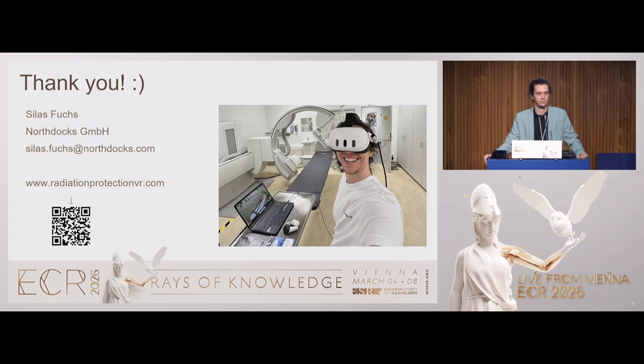Are there other questions? So if someone wants to use this, how can they do that? You can either go to the website, or you can also Google BFS, the German Office for Radiation Protection, and VR. That is usually the first thing that comes up.